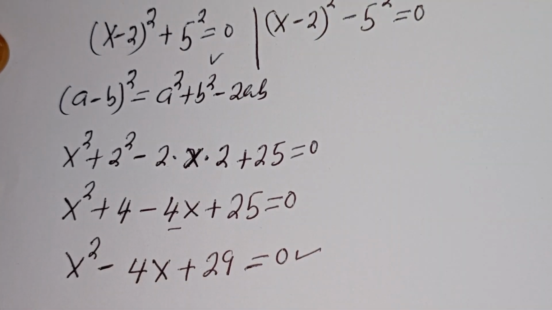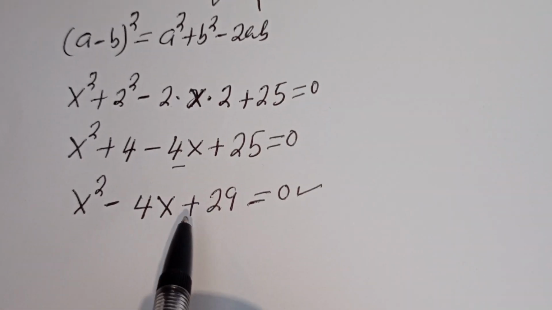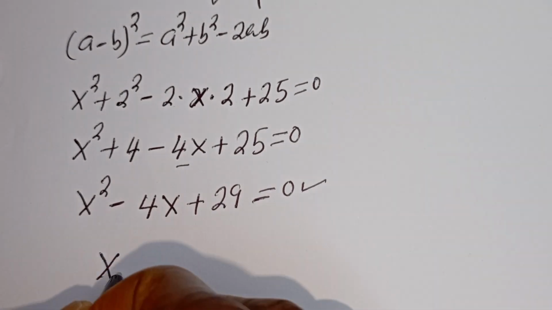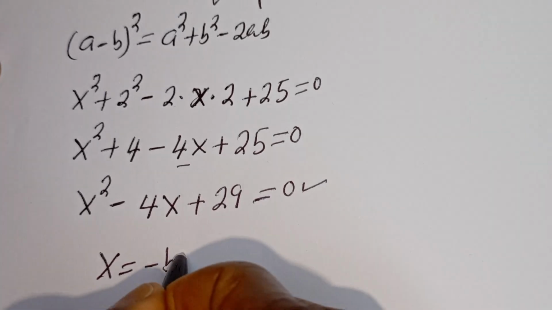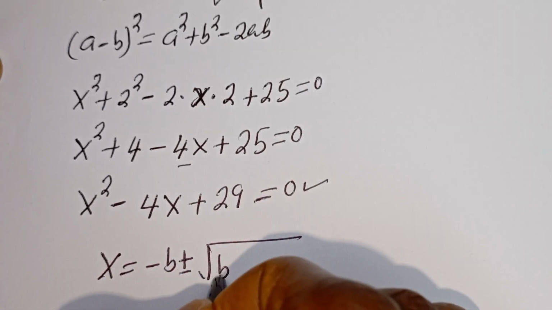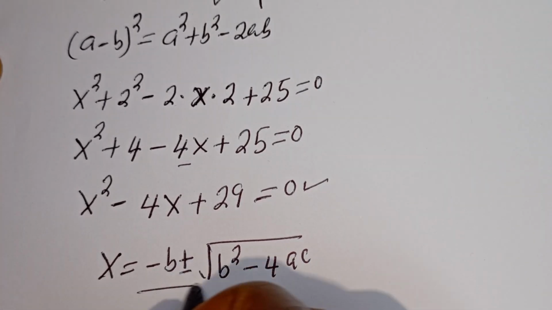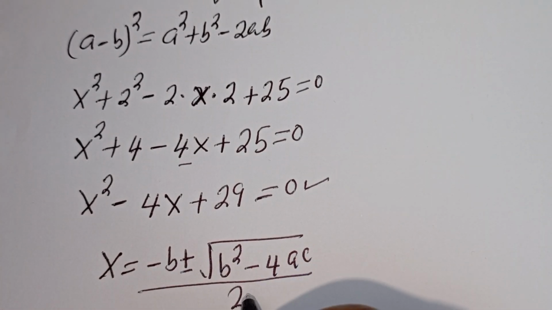This is a quadratic equation. Let's solve this using the quadratic general formula. Then we have x is equal to minus b plus or minus square root of b square minus 4ac over 2a.